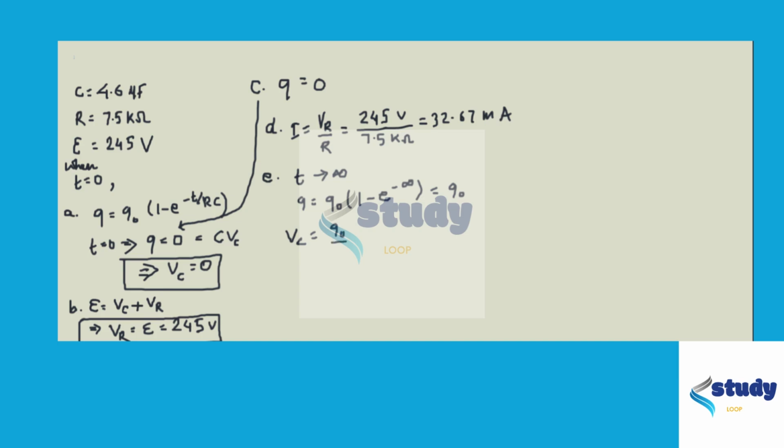Vc is equal to Q upon C. Now Q equals Q naught, so Q naught upon C, and this should be equal to E. So the EMF is 245. So this is the voltage across the capacitance. Let me mark this as green. This is after a long time, t to infinity.